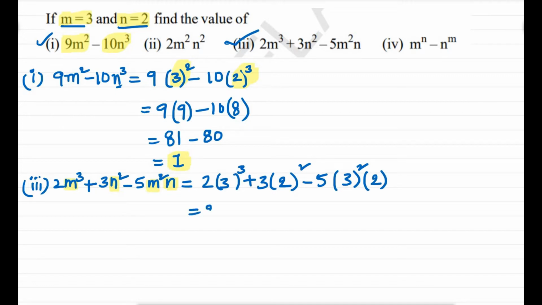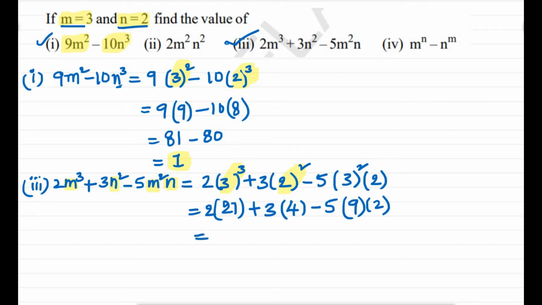Now that is equal to 2 into, so what is this value? 3 cube value is 27. 3 3s are 9, 9 3s are 27. Plus 3 into, what is 2 square value? 2 square value is 4. Minus 5 into, so 3 square value is 9, into 2.